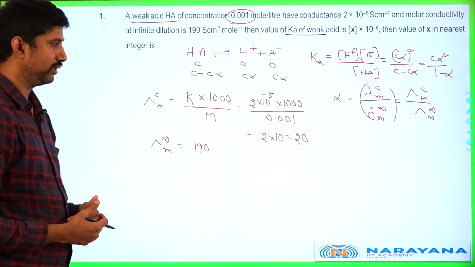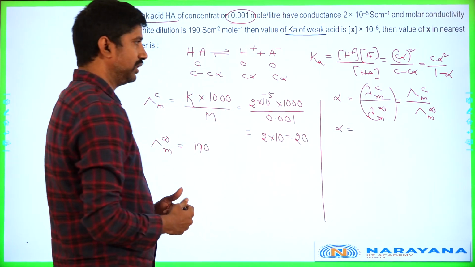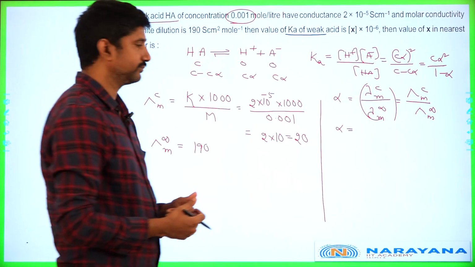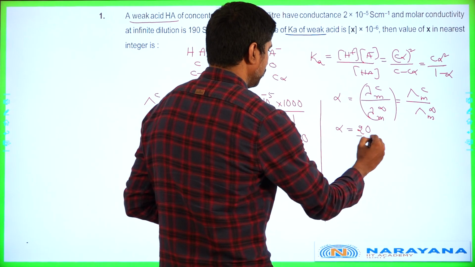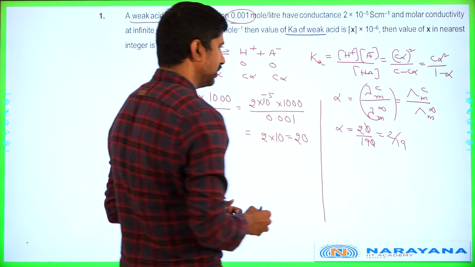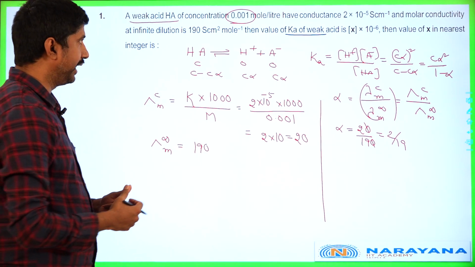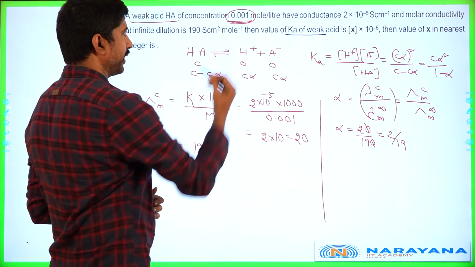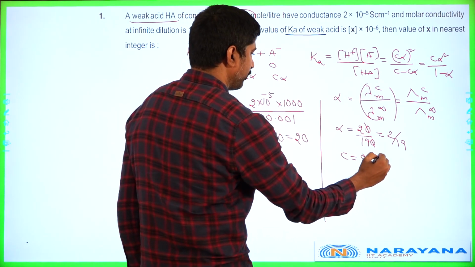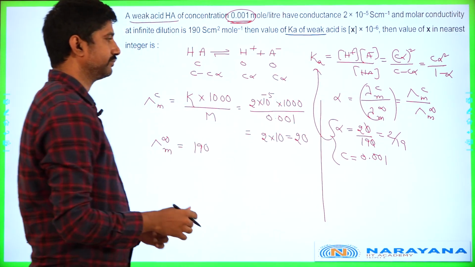Then we find the alpha value. Alpha is equal to 20 by 190, which we write as 2 by 19. If alpha is 2 by 19 and the given concentration C is 0.001, we substitute both in the expression of Ka.